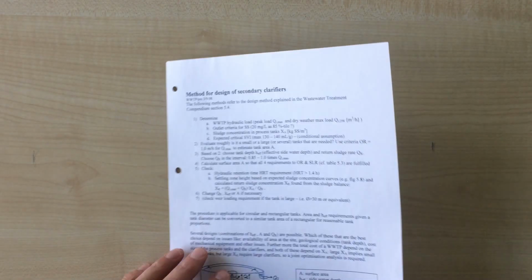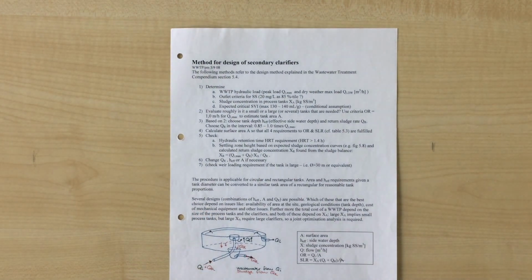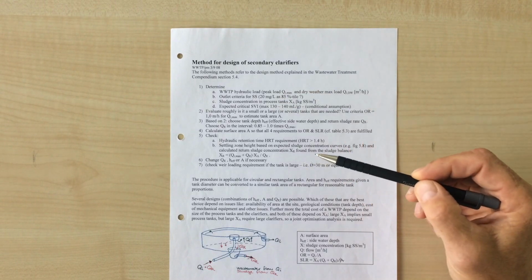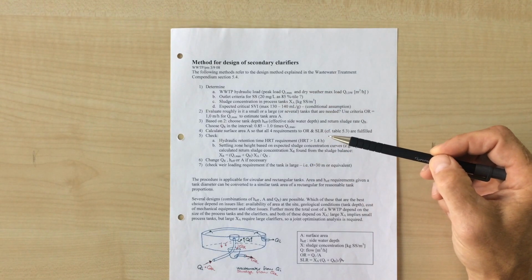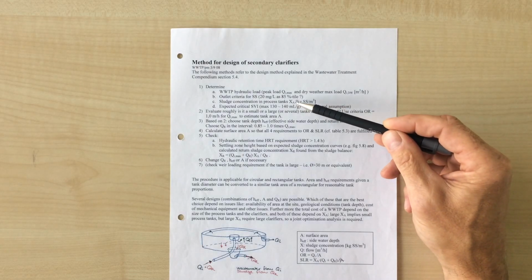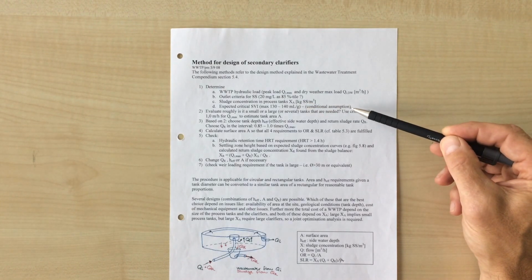So the method description is found in this handout, and we're also going to look at the design criteria. What do we know about how much hydraulic load the clarifier has to deal with? What is the concentration of sludge in the aeration tank? What kind of sludge do we have? How well does it settle?